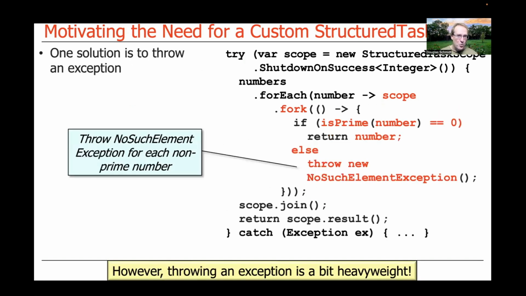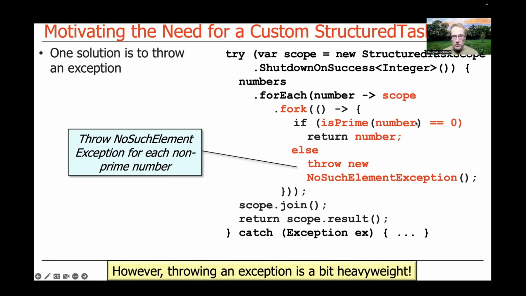Now, it turns out that there's a way to solve this problem using the shutdown on success mechanism. And the way you do it is you have the computation, the callable that's been forked, throw an exception rather than return a missing or null value. So here's how you could write such code. You could have the same basic idea. You could have a forking of a callable task. You could say, is the check of the prime number equal to 0?